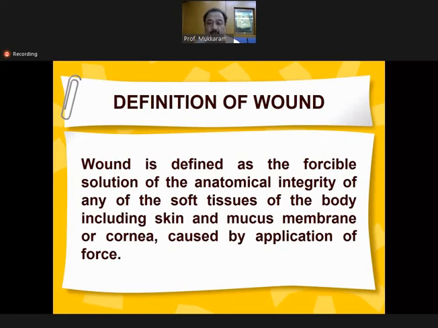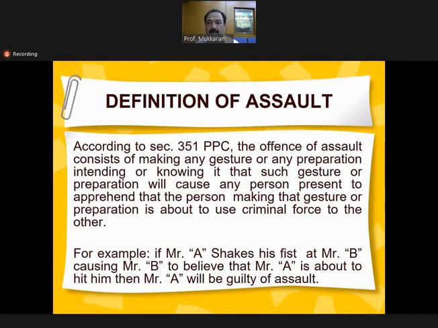So a wound is a forcible solution of the anatomical integrity of any of the soft tissue of the body, including skin, mucous membrane, and the cornea, where force has been applied. Assault.